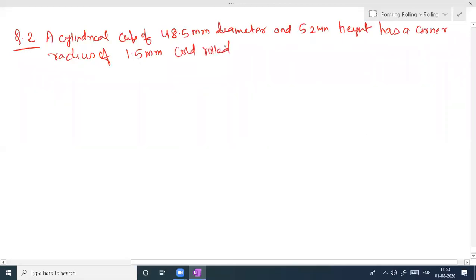Cold rolled steel of thickness 1.5 mm is used to produce the cup.